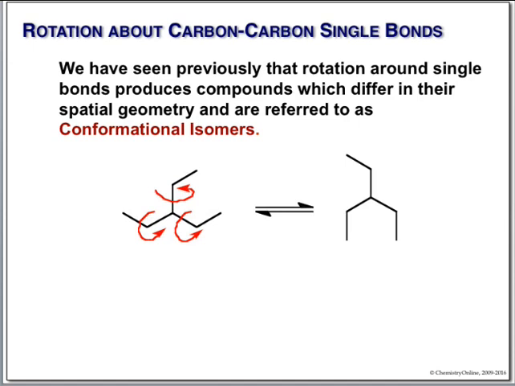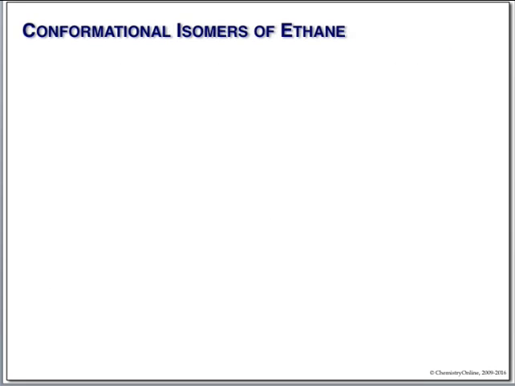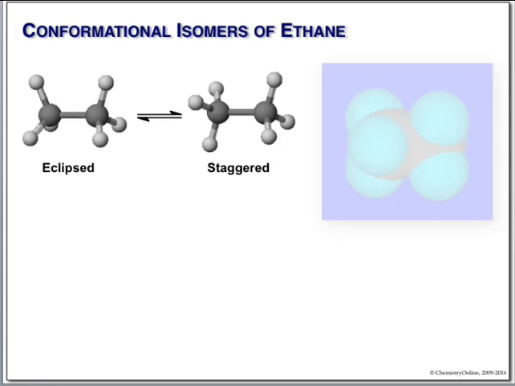Remember I said that we have free rotation and that we regard these as all the same structure. In fact, they're not all the same. Let's look at a very simple molecule, and we're going to look at rotational isomers. So let's look at ethane.